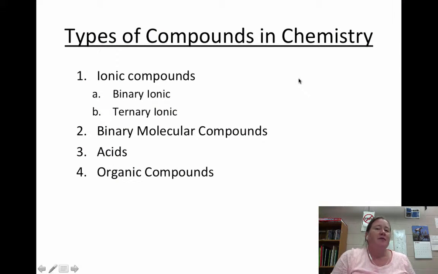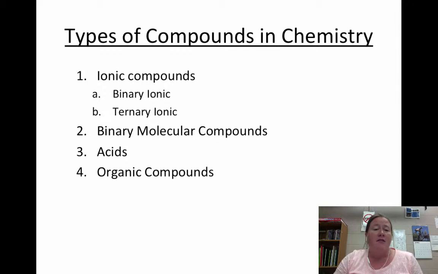Looking at the different types of compounds in chemistry, we can see that there are 4 different types that I have listed here. And one thing that makes nomenclature of compounds a little more complicated is that each compound type has its very own naming system and mechanisms for writing chemical formulas.